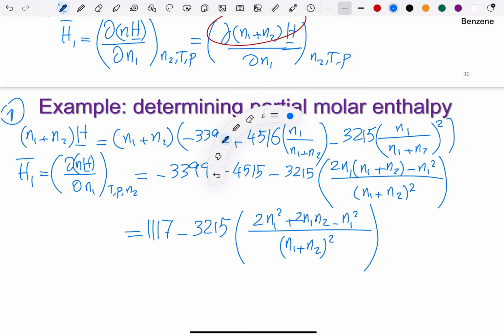So, any suggestions to turn this equation into the mole fraction?